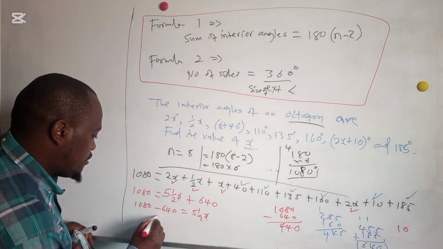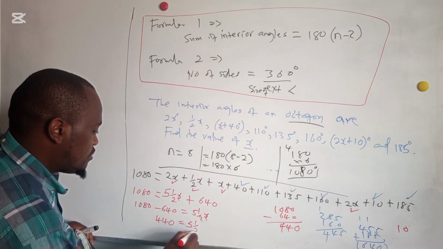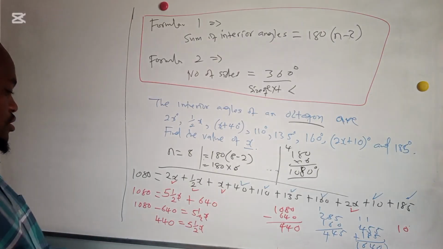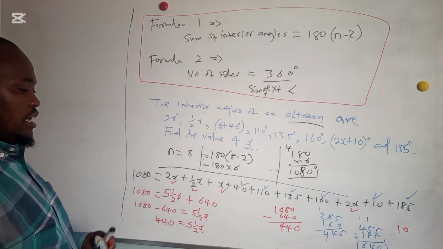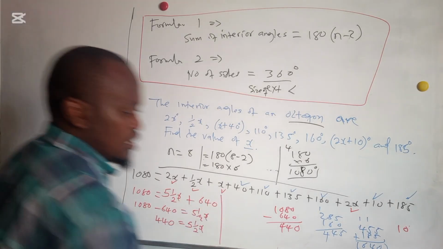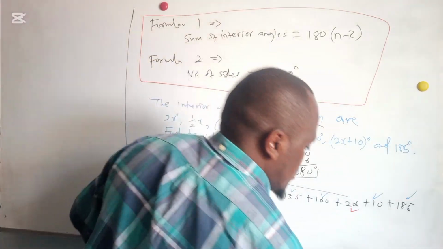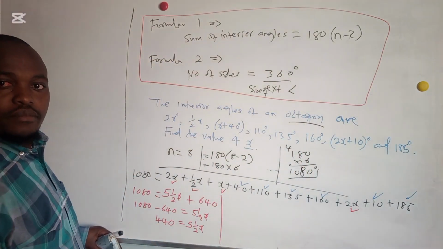So we are saying 440 is equal to 5.5x. So how do you solve this? You can write this as an improper fraction. So we can rub all this. This was rough work to create space for this.